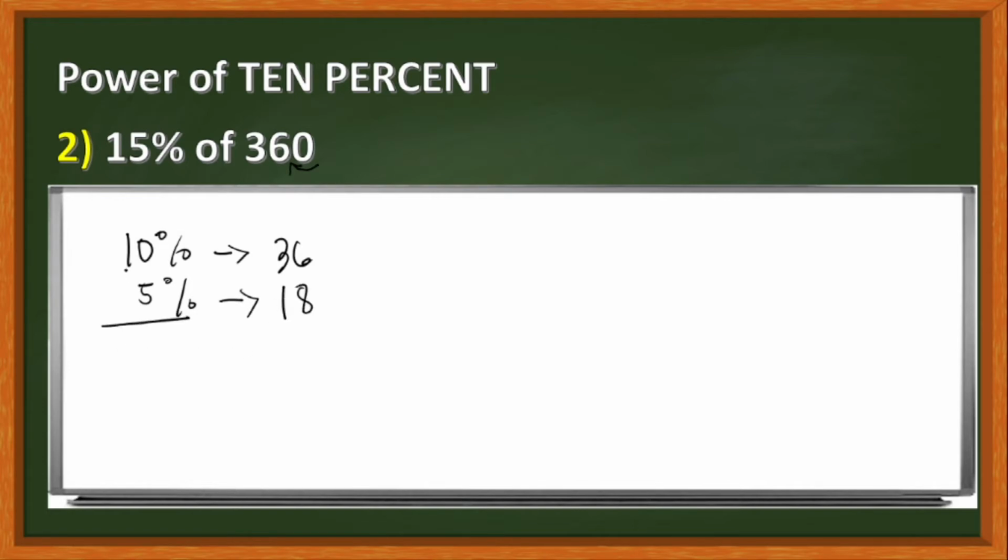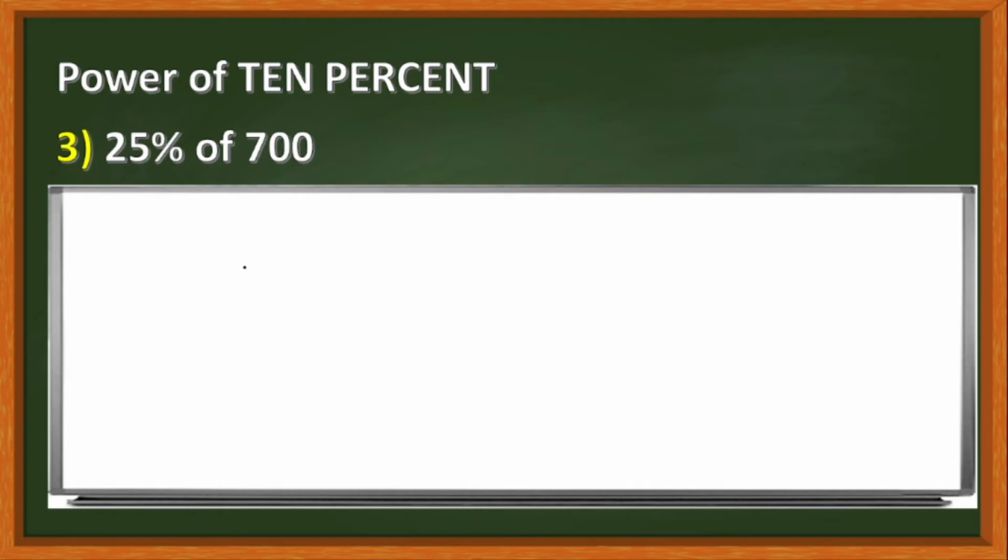So let's add 10 plus 5 is 15%. Then let's add 18 plus 36. 8 plus 6 is 14. Regroup 1. 1 plus 3 plus 1 is 5. So the answer is 54. The 15% of 360 is 54.